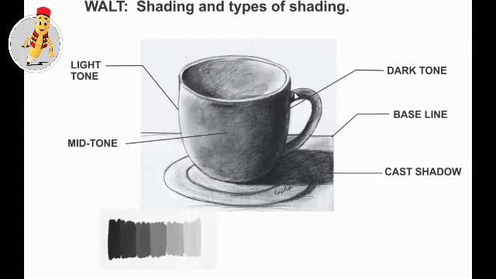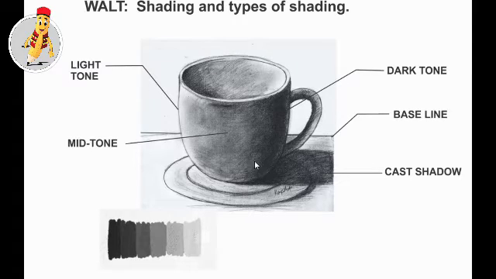The part of the bottle that receives the least light is where you call your dark tone. That part is shaded darker, or colored with a darker tone, than every other part of the object. The dark tone in this drawing represents these first two tones here, because the tones are going from dark to light.